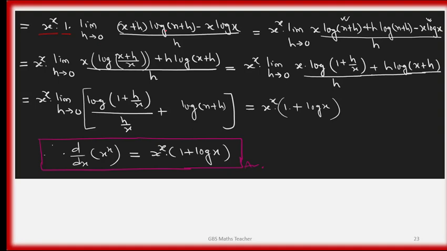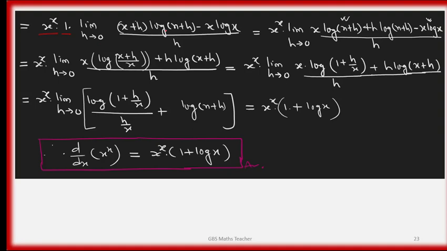This part is closed, plus h log(x+h), over h. Now x^x times the limit as h tends to 0 of x log(1 + h/x) plus h log(x+h), over h. This step is also clear.